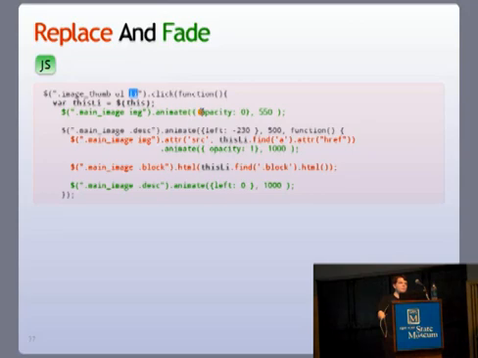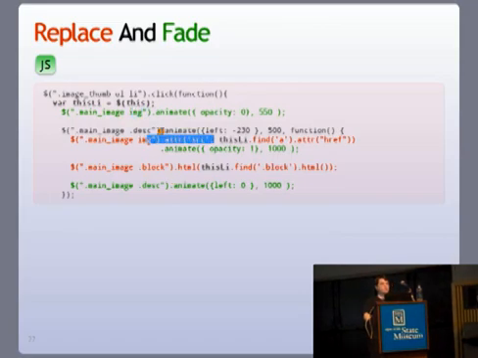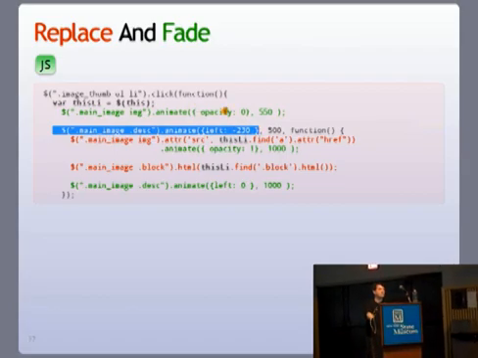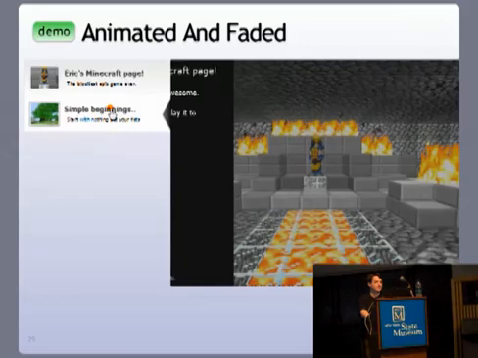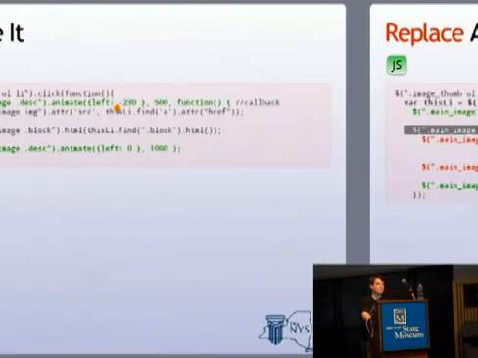Now I'm going to animate the opacity down to 0 over 550 milliseconds. Oh, no, I'm animating the image to 0 opacity. So I'm going to fade out the image and then fade it back in. So we set up our animation so it shoots my description to the right like this, and then it fades that image in.